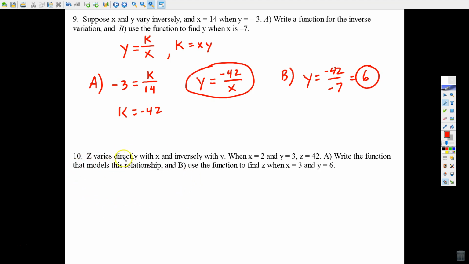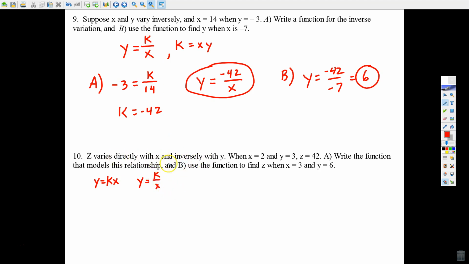Okay, number 10 is what we call a combined variation because it's got direct, remember direct variation is multiplication by k, and inverse variation, as we just saw, is division into k.